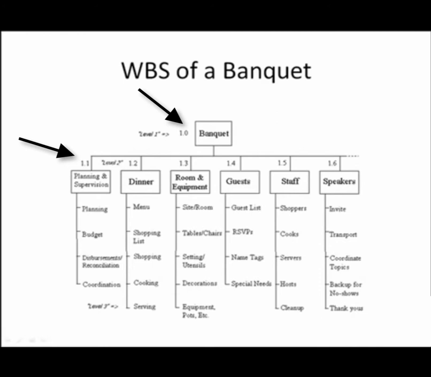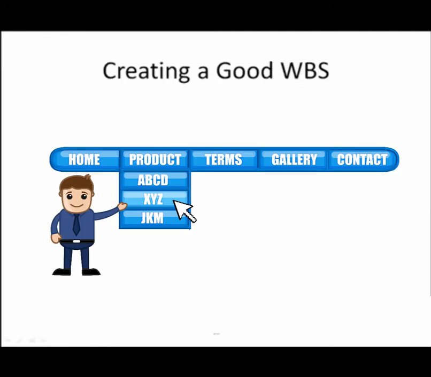And then there are areas of work underneath each one of those, and within each one of those, there could be different tasks also. So this is another top-down example of a work breakdown structure of a banquet.